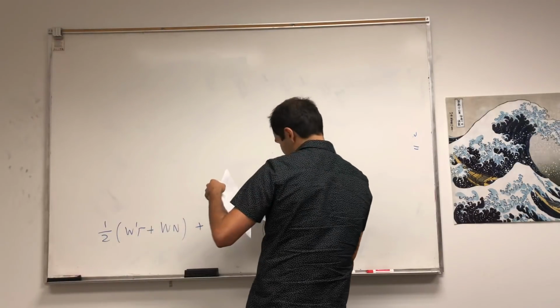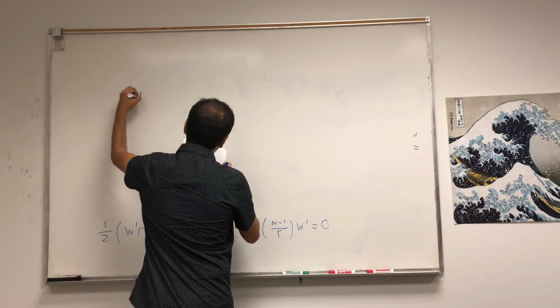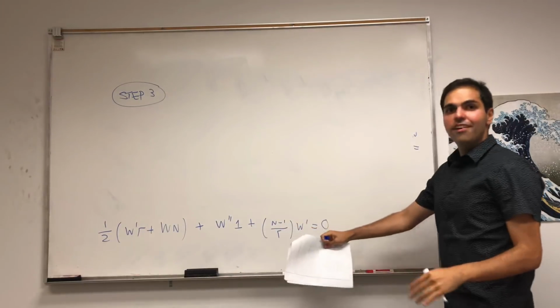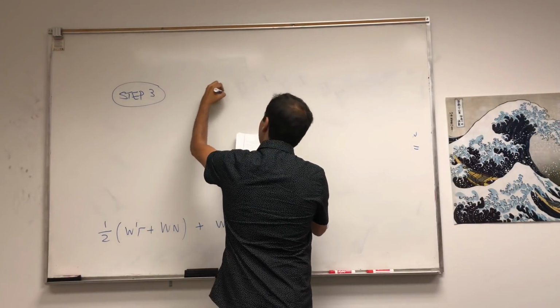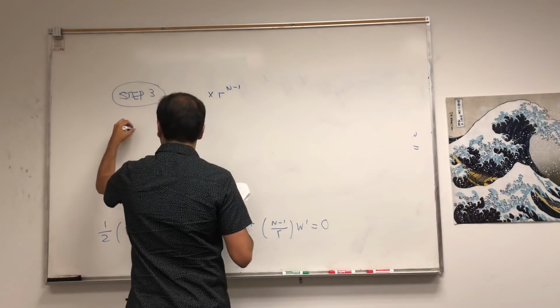Namely, so I guess this is step 3. Take this ODE and multiply it by what's called an integrating factor. In this case, multiply by R to the n minus 1.